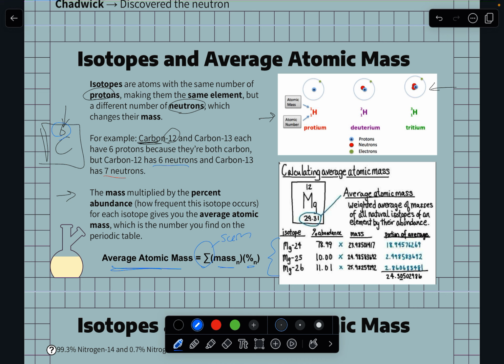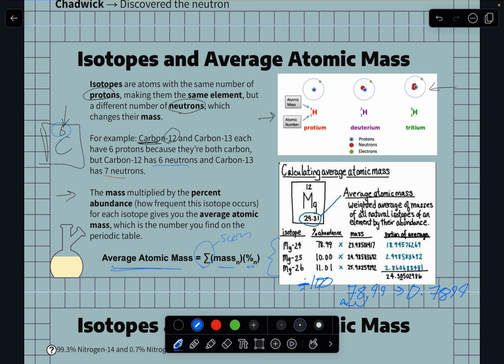To do that, you're going to take the percentage and change it to a decimal. When we change to a decimal, you either divide by 100, or you move the decimal place over 2 times. So if we had 78.99, the decimal moves 2 times, and that becomes 0.7899. You multiply that by the mass, which is given in the third column.